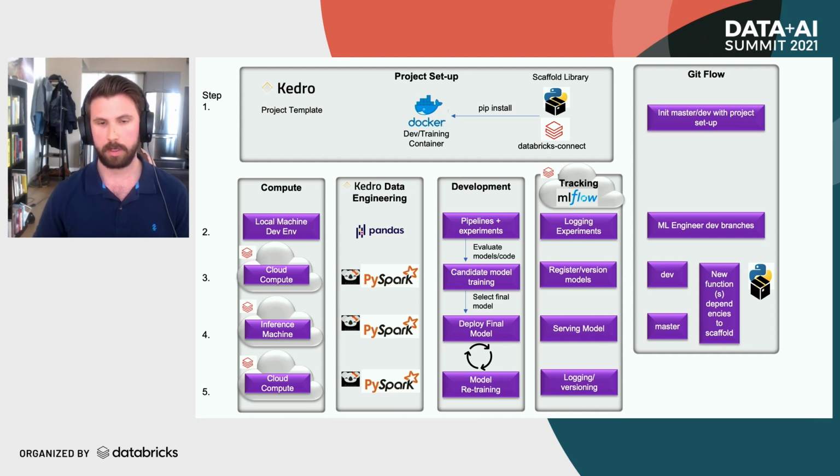And so in step 5, we can basically introduce continuous retraining. So with that final model, when new data is received in the production environment, we can train the model with an automation of that final pipeline, and automate the retraining and logging and reporting as well whenever new data is received.